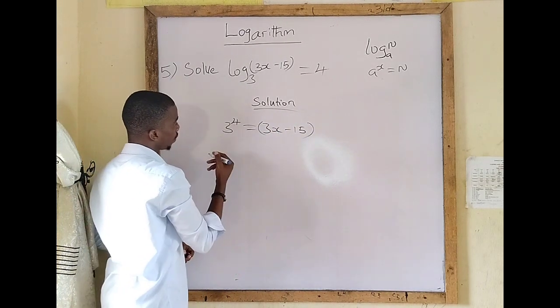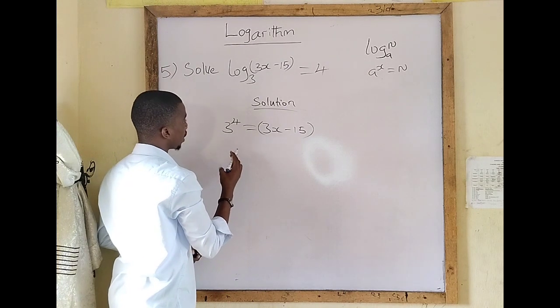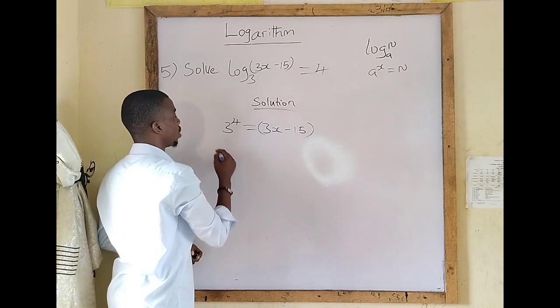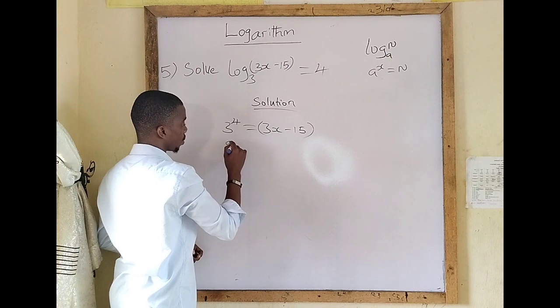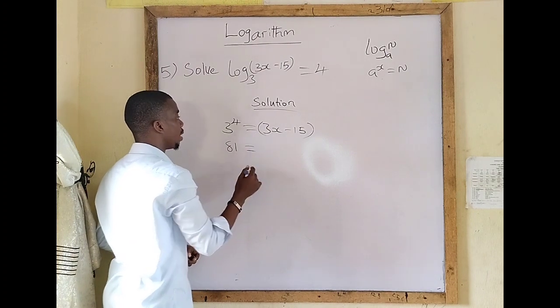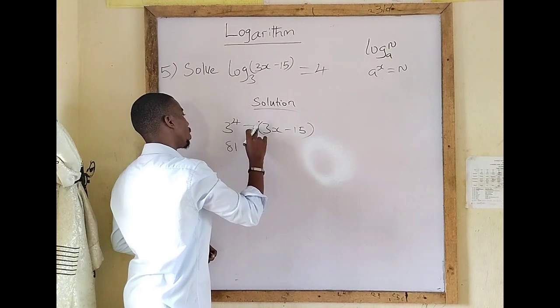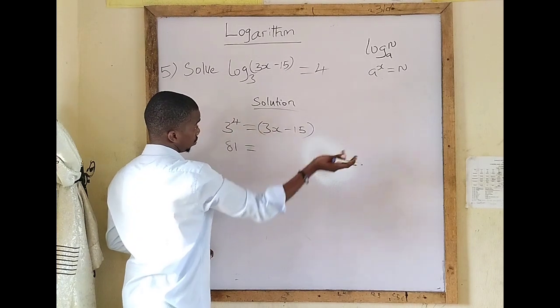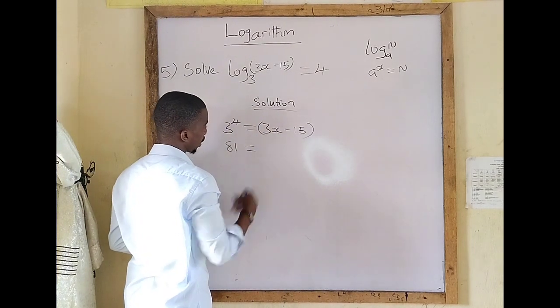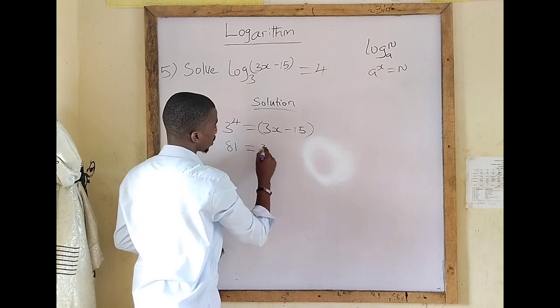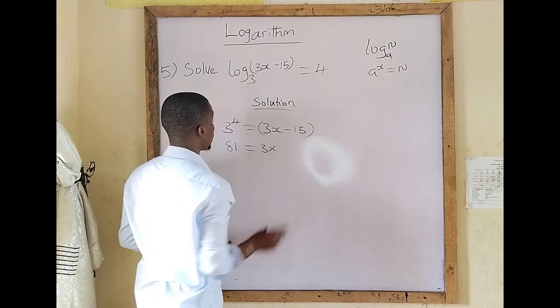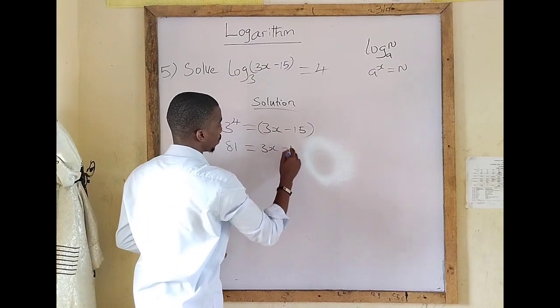And 3 raised to the power 4 is 3 times 3 times 3 times 3, which is 81. And we use an invisible 1 outside the bracket to open the expression in the bracket. So we have 1 times 3x is 3x, 1 times minus 15 is minus 15.